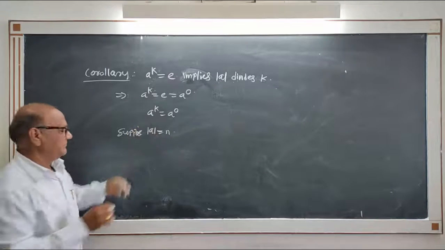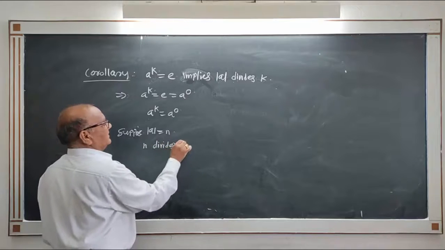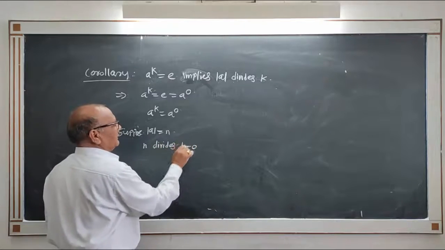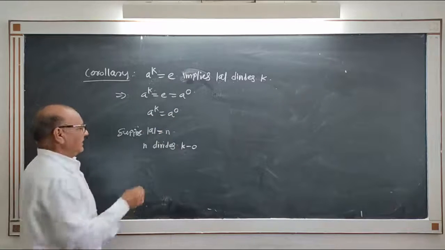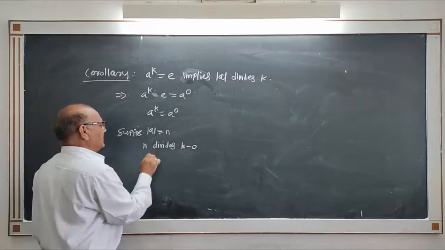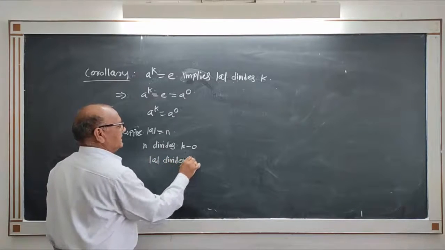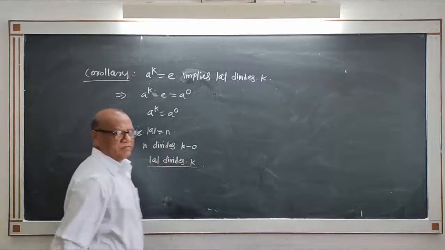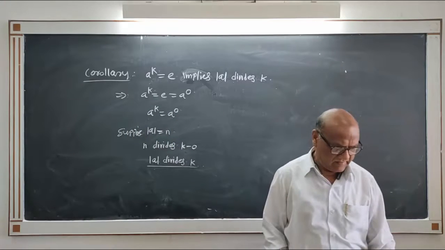By the above theorem, n divides k minus 0, that is, i minus j, k minus 0. That means n, the order of a, divides k. The order of a divides k.